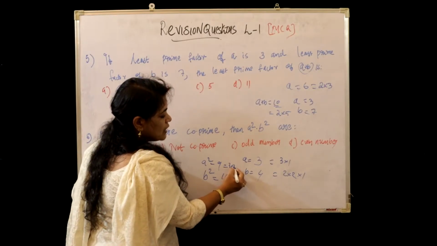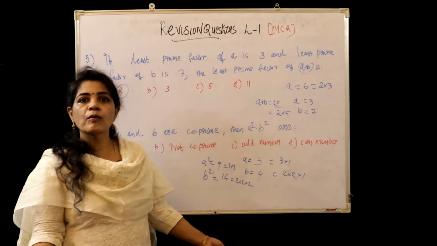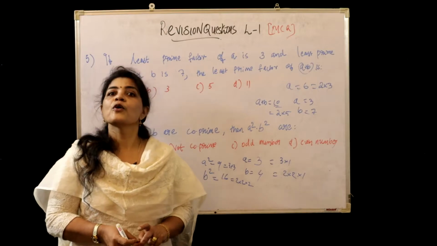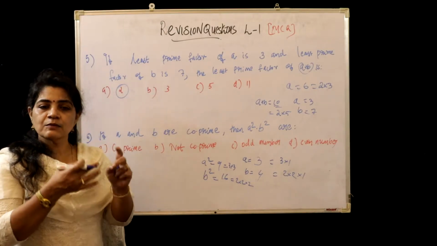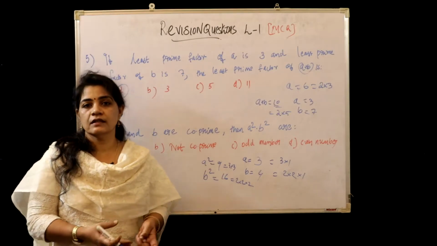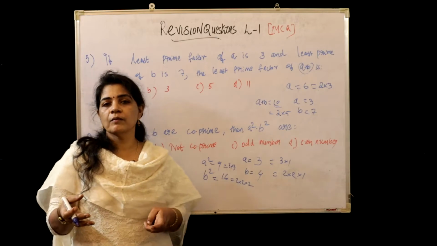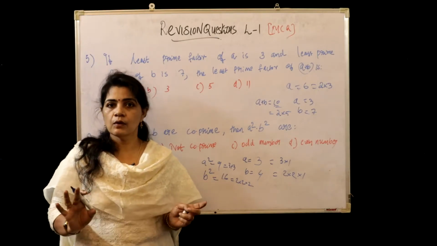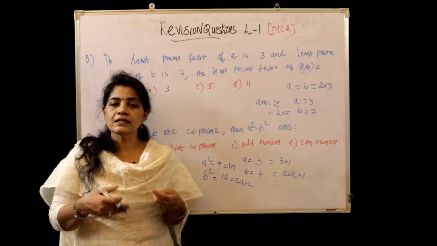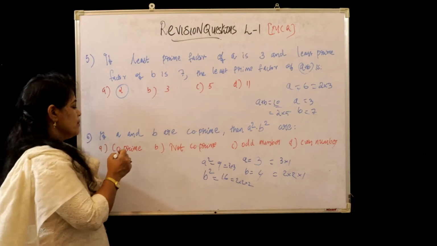So 3 into 3, and here 2 into 2 into 2. No common factor. So a square into b square is also co-prime numbers. That means between 16 and 9, we can't see any common factor other than 1, or the HCF is 1. The highest common factor is 1. That means here a square into b square is also a co-prime number.